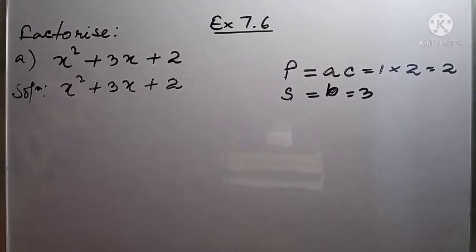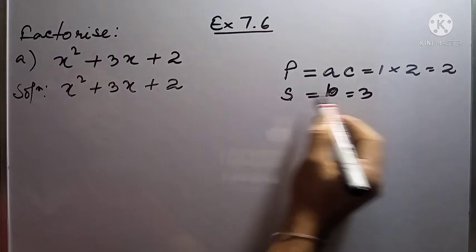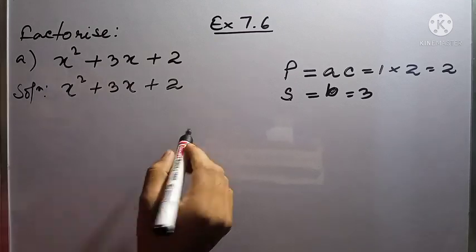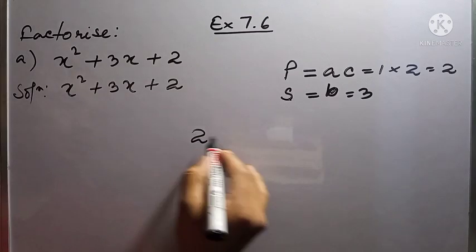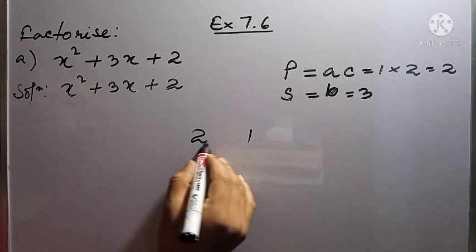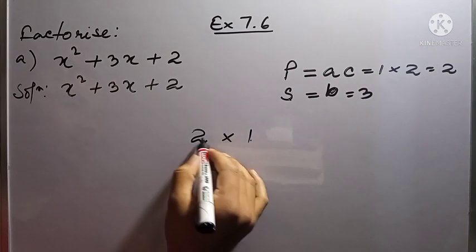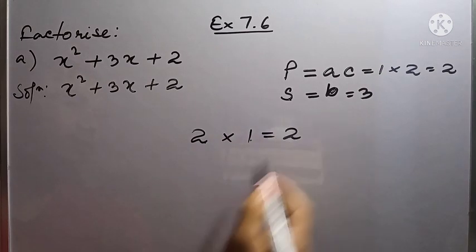After knowing this, how are we going to continue? Let us look for the two numbers, a pair of numbers whose product is 2 and whose sum is 3. I'll write here 2 and 1. If you multiply these two numbers, 2 into 1, you have 2.